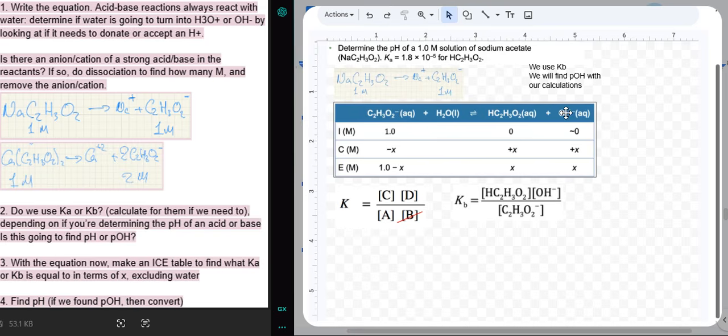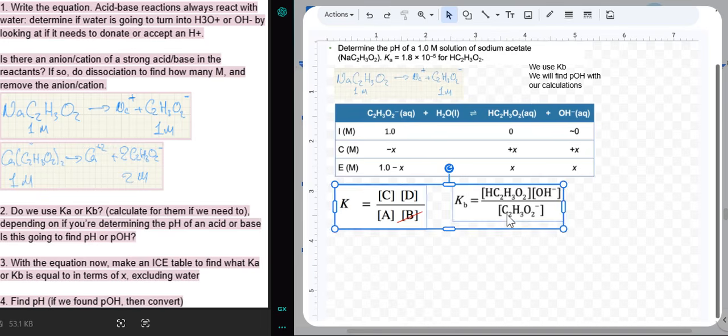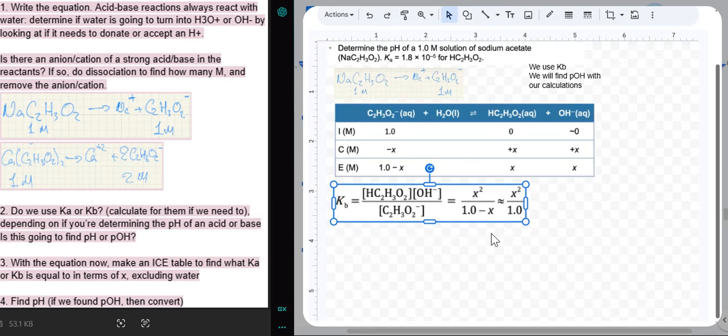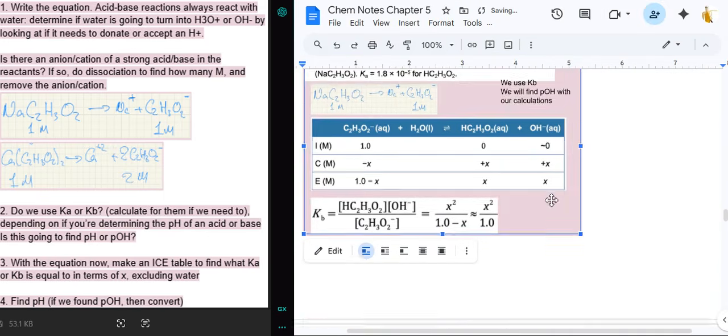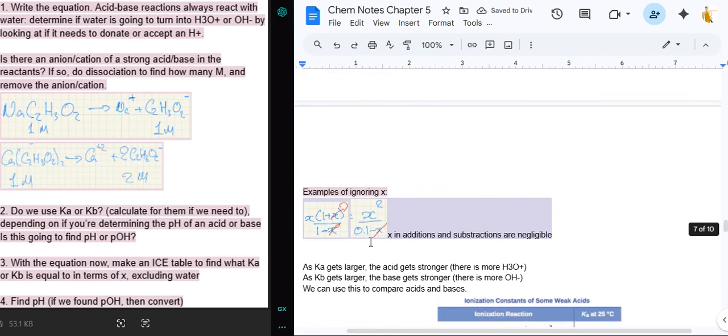Because it's products over reactants. And we know we're using Kb. We wrote in step 2. So then we can do the same thing and plug it in. Plug in this and this here, that here, and ignore the minus x because of the rule.